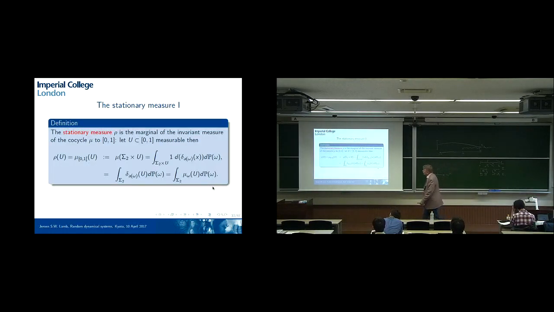And then the stationary measure I define is the marginal of the invariant measure to 0, 1. So the marginal is that I just push all this measure here and I push it to 0, 1 and just forget about this time. So technically speaking, the marginal of the measure, mu to 0, 1, the invariant measure for the skew product, is called the stationary measure associated with this measure.